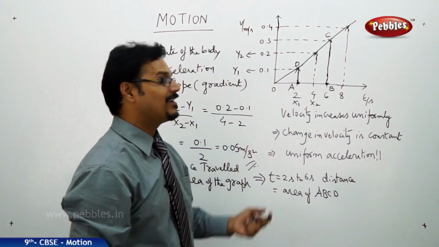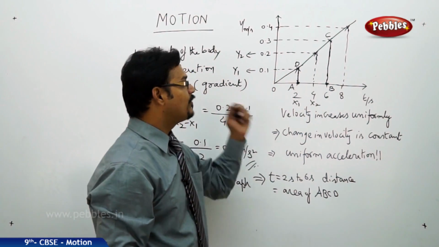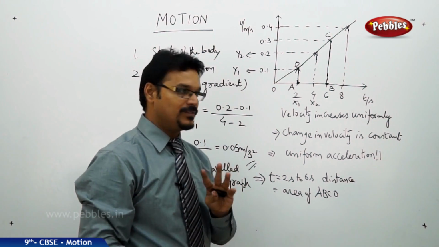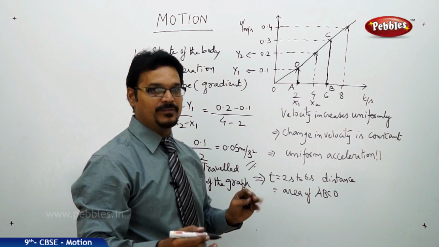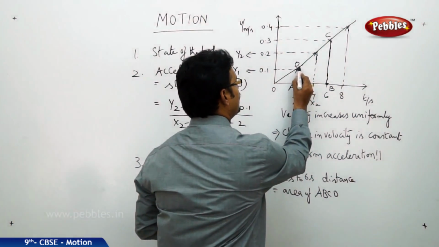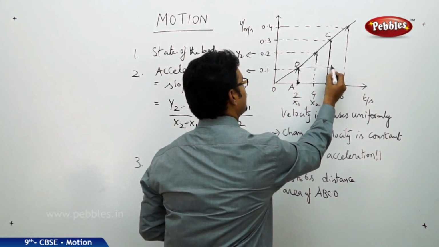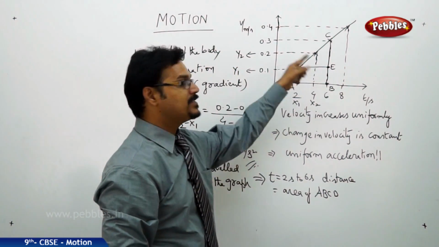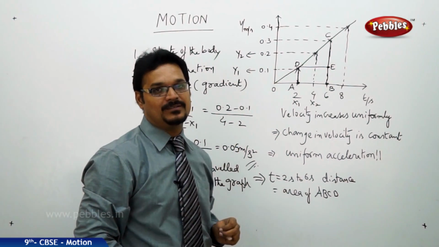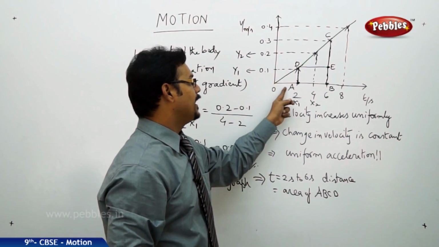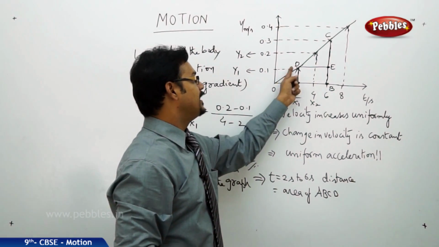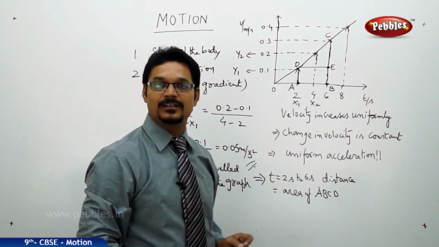Now how do we find the area of the graph? There are two ways. First we take the simpler way. From D, you draw a line; take the intersection point as E. Now this area ABCD divides into two areas: one is the rectangle ABED, the other is the triangle DEC.